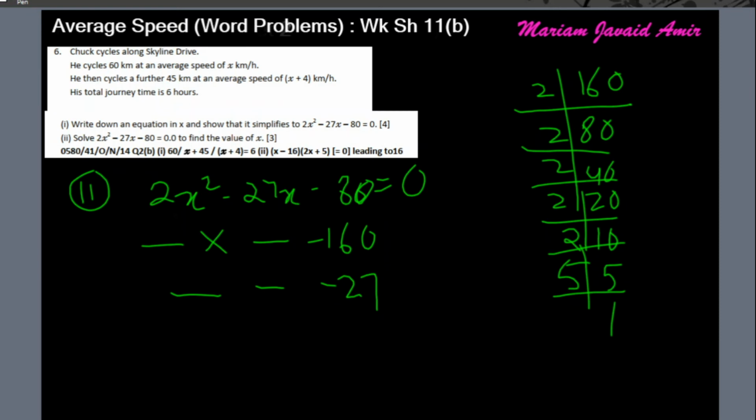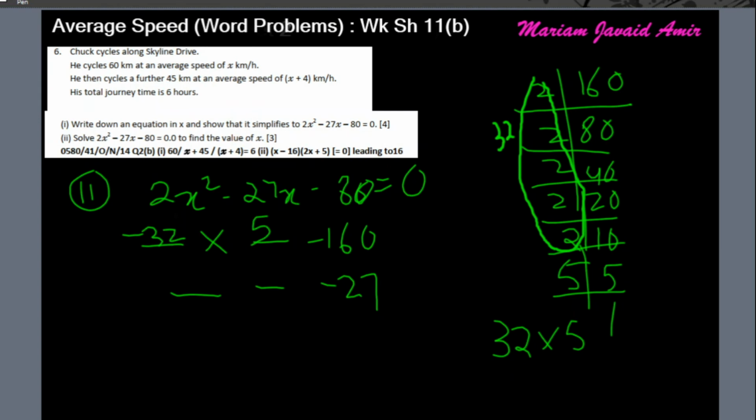If we combine all the 2's, this is 2 to the power 5, we get 32, and 32 times 5 will give us 160. Let's try 32 and 5. So we need to get minus 160 and minus 27. Minus 32 times 5 gives minus 160. Minus 32 plus 5 gives minus 27.